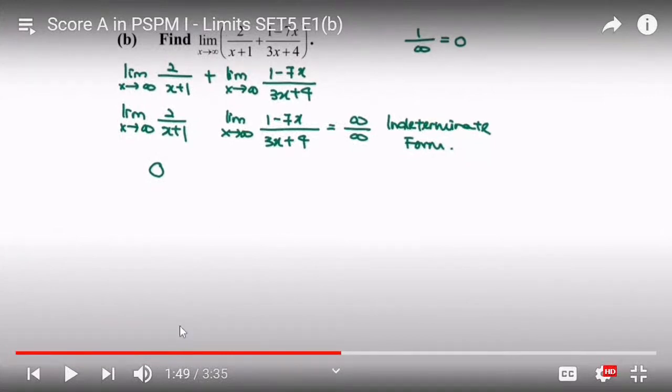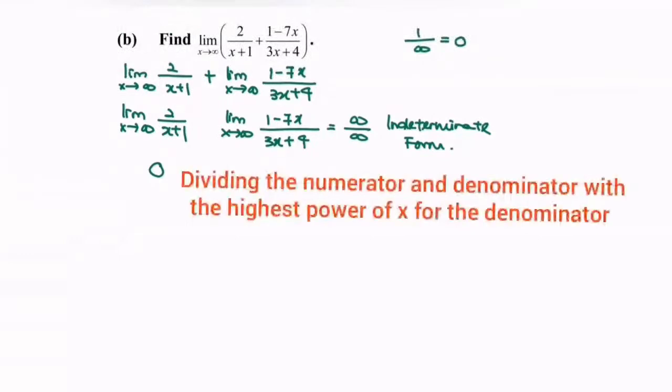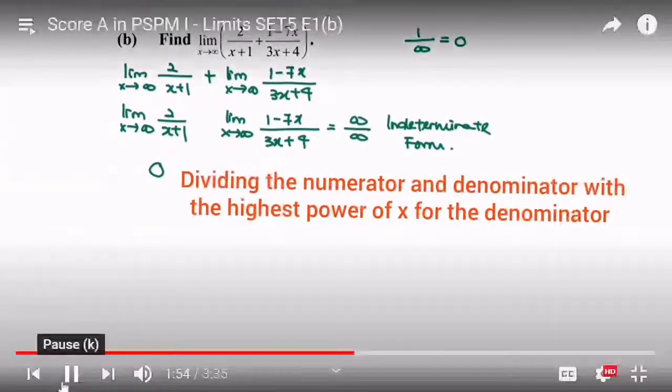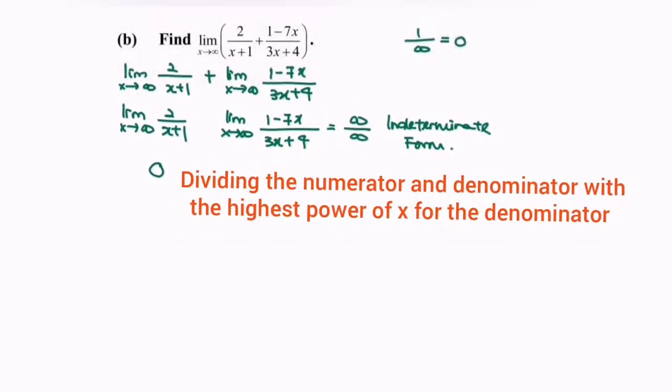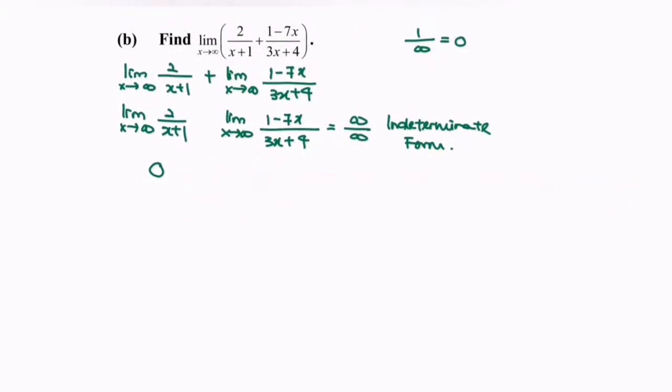The strategy will be dividing the numerator and the denominator with the highest powers of x for the denominator. Okay, clear? The highest power of x for the denominator. So kindly refers to the denominator where we have x. So meaning that we have to factor out the x.